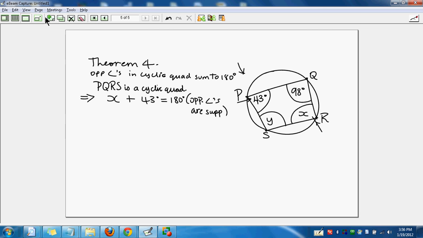Okay, shortened format. So if that is the case, it implies therefore that angle X will be equal to 180 degrees minus 43 degrees, which will give you 137 degrees. Okay, so we would have solved there for angle X.